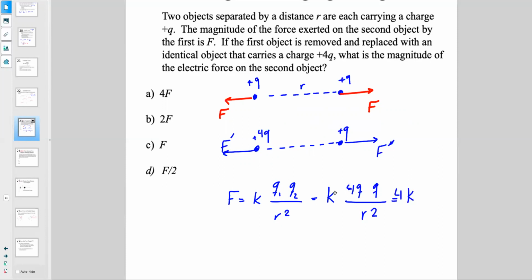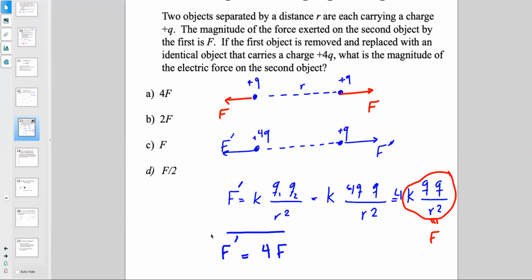You can just bring this 4 out. 4k q q over r squared. But this one is our previous force, so this one is just F. So what you have is F prime being equal to 4F. Okay? So that's the answer.